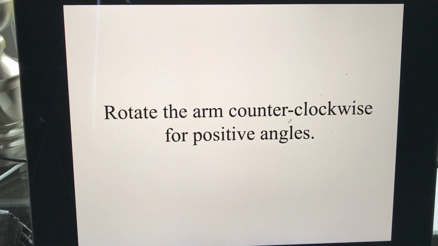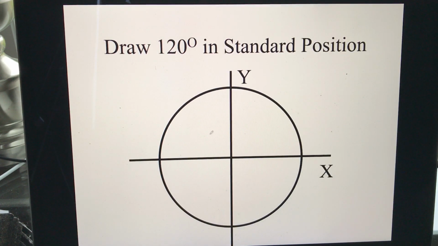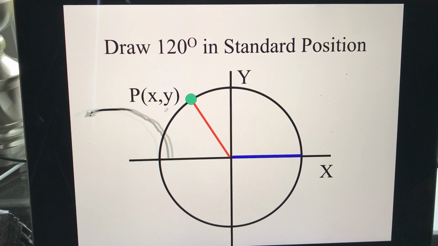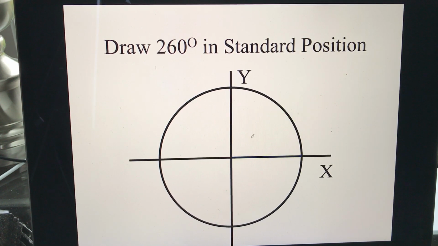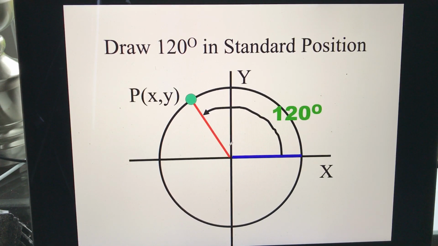We rotate the arm counterclockwise for positive angles. For example, if I say draw the angle 120 degrees in standard position, we start here at the initial arm, we have the terminal arm, and we have to label that theta. So this is 120. You can label it in there or out there, it depends. But this opening would be the 120 degrees.